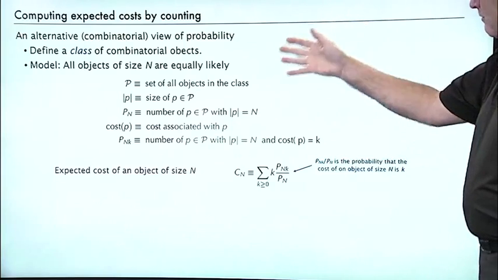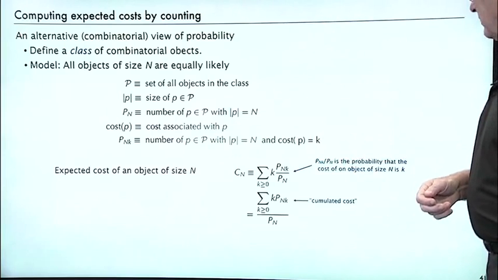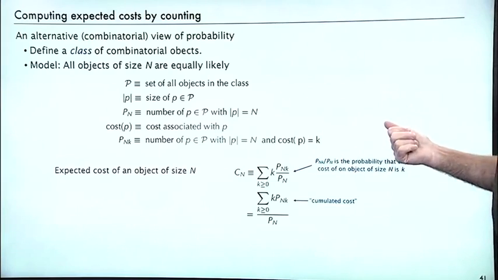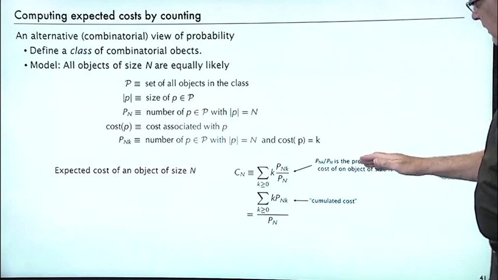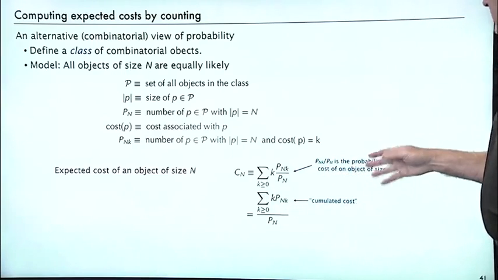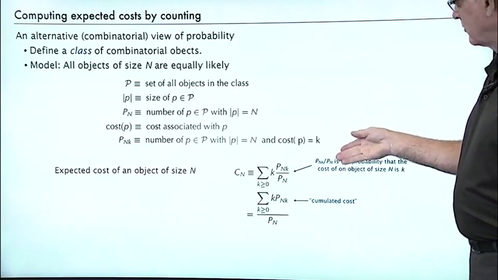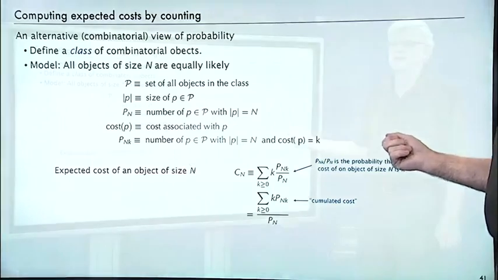And so that's all a familiar calculation if we know all these quantities. But what this point of view buys for us is, let's notice that we can factor out the P sub n, and we can just count up the total cost of all objects of size n. That's called the cumulated cost.